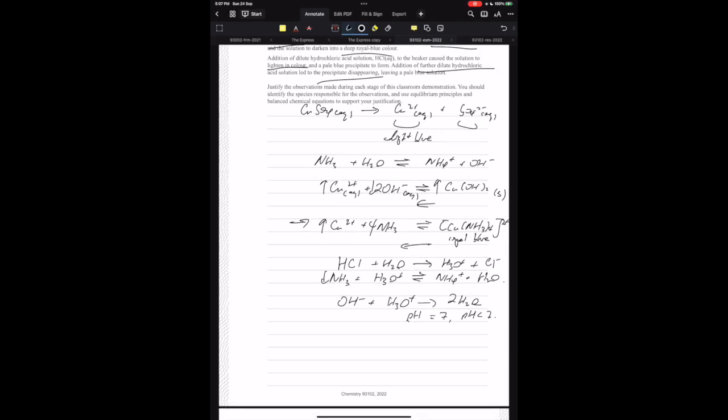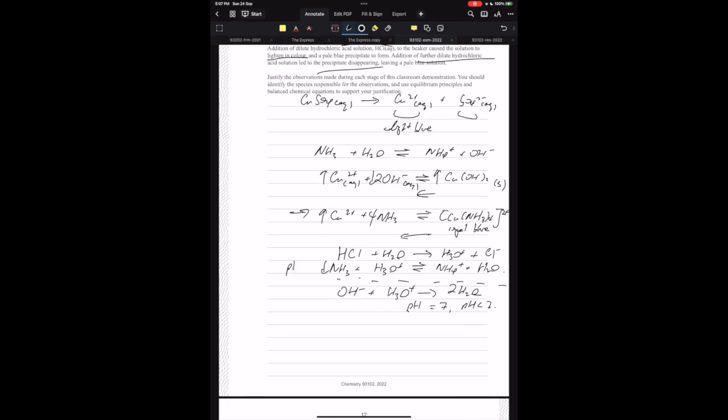So what's happened in this question is, in this case, pH was still greater than 7, and so the hydroxide ions were still able to form an equilibrium here with the copper 2+ ions to form the precipitate. But as soon as you've lost so many hydroxide ions from the addition of further HCl, the pH drops below 7. The concentration of hydroxide is not significant enough for this equilibrium up here to form copper hydroxide, and so you've lost all that copper hydroxide.